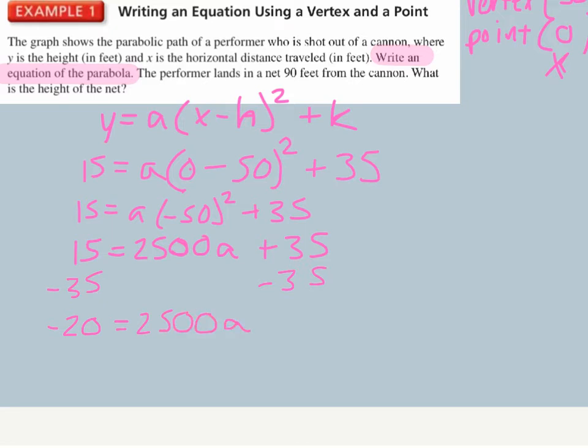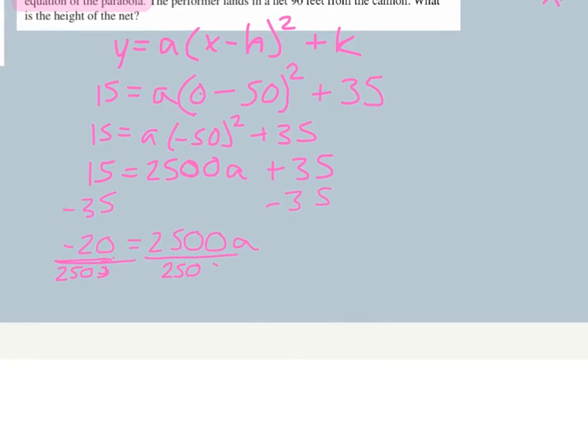And what's the last thing we need to do? Awesome. Divide both sides by 2,500. So we get negative 20 over 2,500 is equal to a.